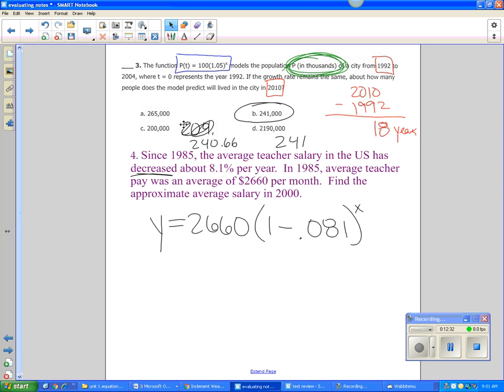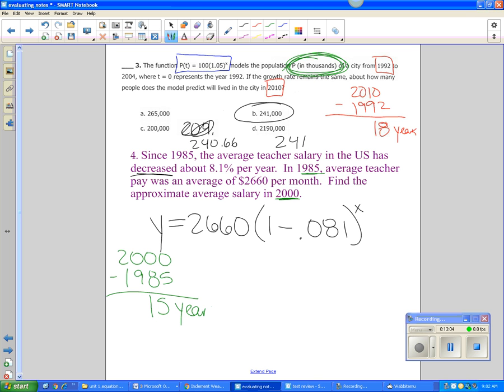All right, let's see who's up next. Gracie, what is the question asking? Okay, so Gracie, 2000 is a year. What else do we need to do with 2000? Very good. You go back to the beginning year and you subtract them. Good job, Gracie. So 2000 minus 1985. Daniel, what does that give us? So 15 years.